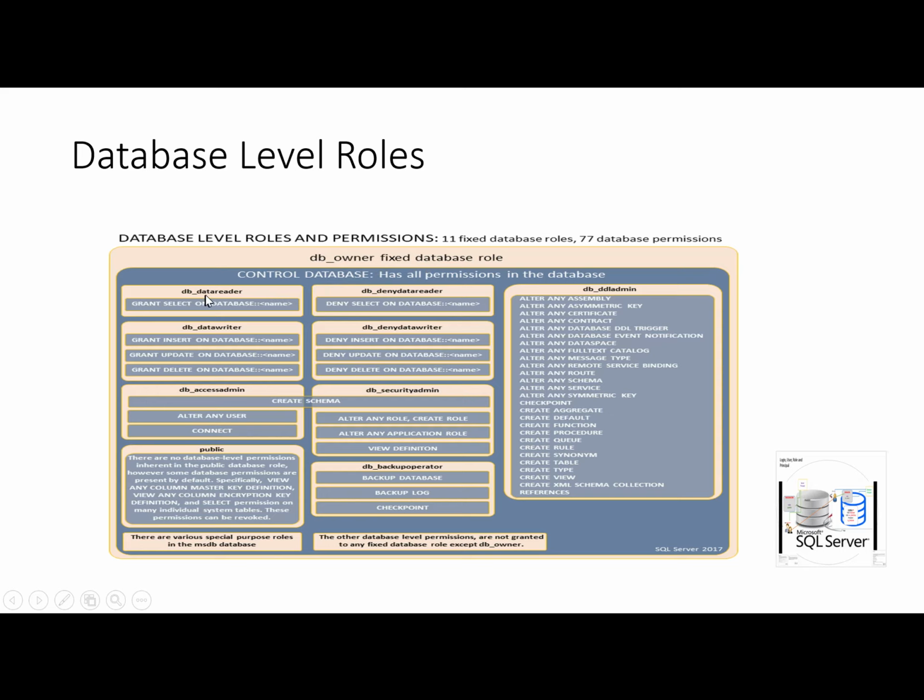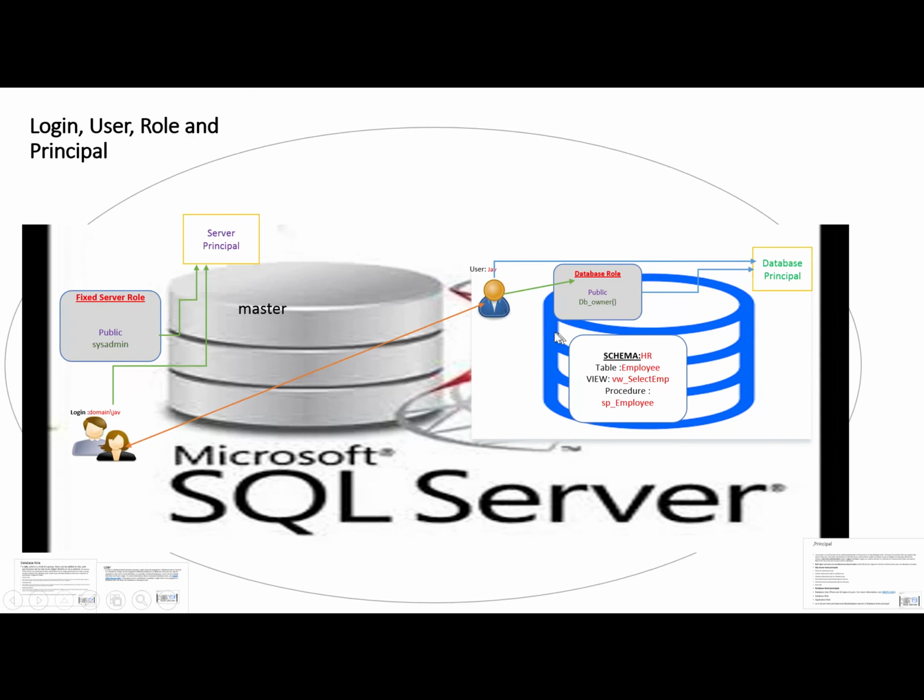These roles can be db_datareader, db_datawriter, db_accessadmin, public, db_securityadmin, db_backupoperator. If a user is a member of any of these roles, then automatically that set of permissions will be assigned to the user. In our scenario, this user is a member of public and db_owner, so he can create any object in this database.